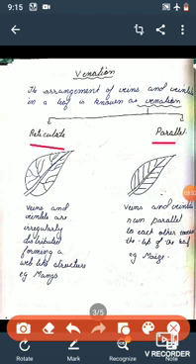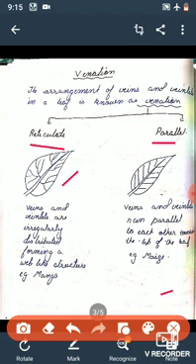Okay. Now this reticulate venation, in this, here you can see the veins and the venlets. In this diagram, the veins and the venlets form network like structure or the wave like structure. That type of venation is reticulate venation. In the parallel venation, the veins and the venlets will run parallel to the surface and they will move towards the tip of the leaf.